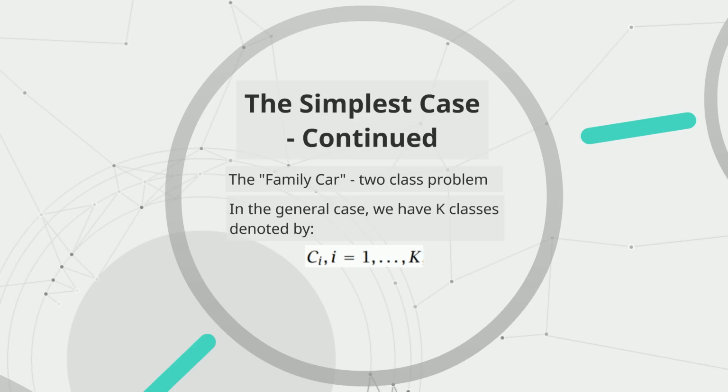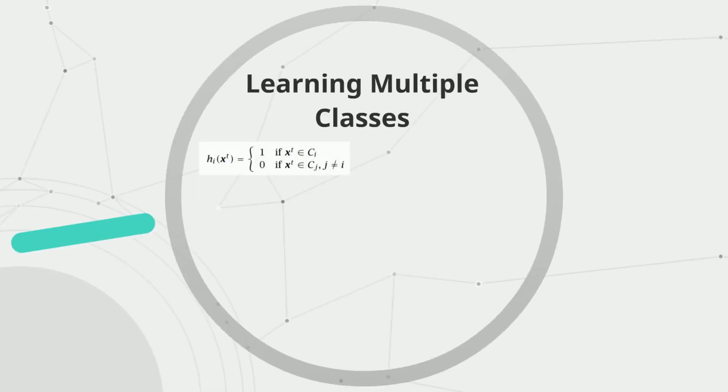So let's take a look at what that means. Here we have our inputs, just like before. However, our r is going to be defined by the individual class that it applies to. And so learning multiple classes is going to look like this. We're going to have many hypotheses now. In fact, we're going to have one hypothesis for each individual class in our problem.